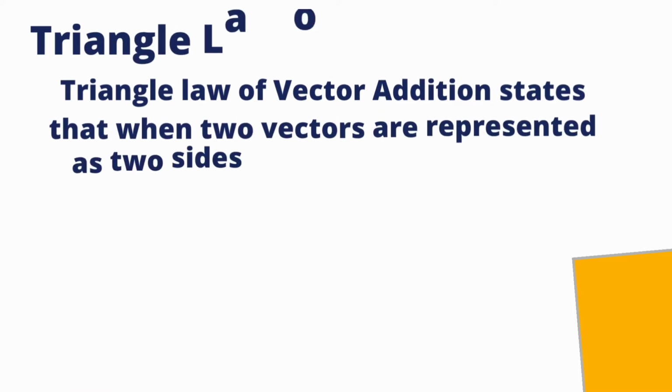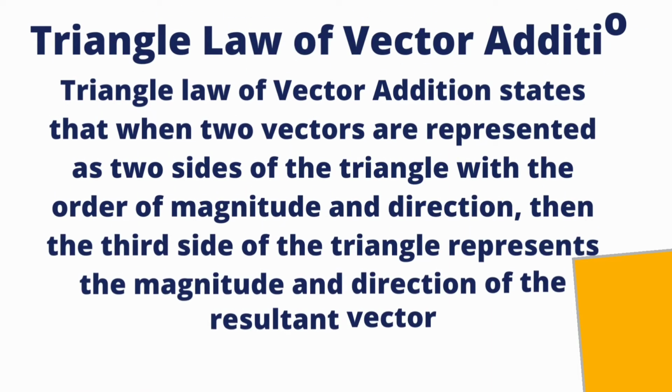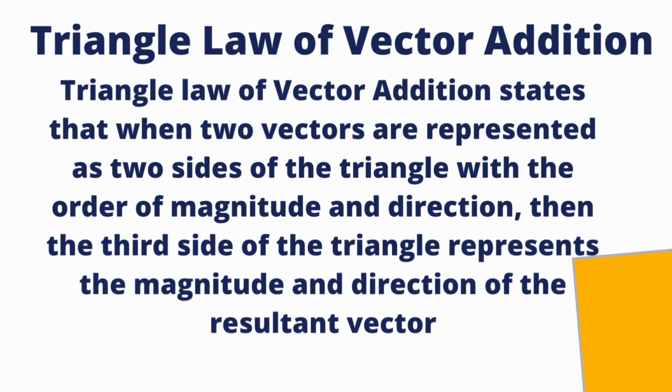Now, the triangle law of vector addition states that when two vectors are represented as two sides of the triangle with the order of magnitude and direction, then the third side of the triangle represents the magnitude and direction of the resultant vector.